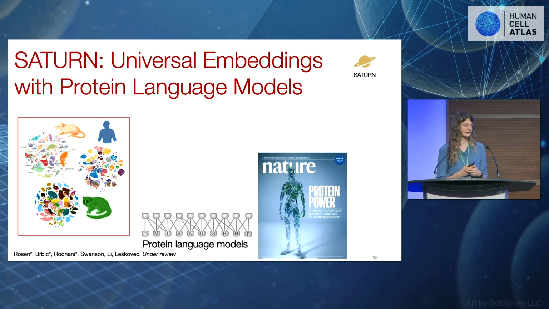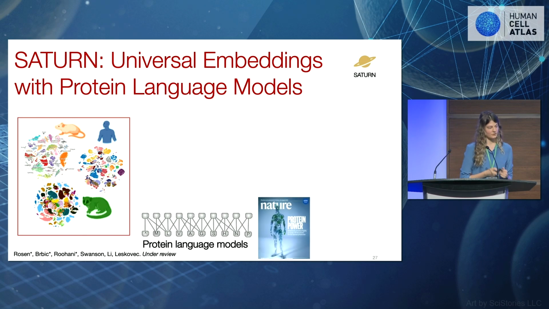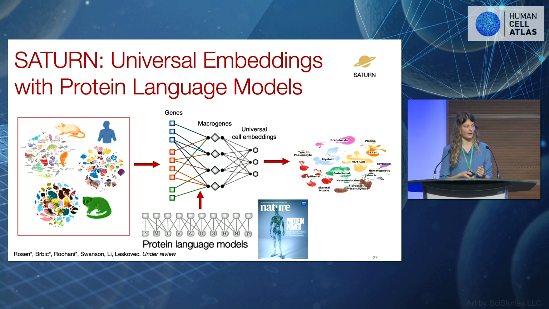And then the key idea is to use protein language models to encode the meaning of a gene and not only represent genes as columns in a data set. In particular, Saturn takes these genes across different species, and then we learn to project these genes into the so-called macrogene space, and this macrogene space represents groups of functionally related genes.